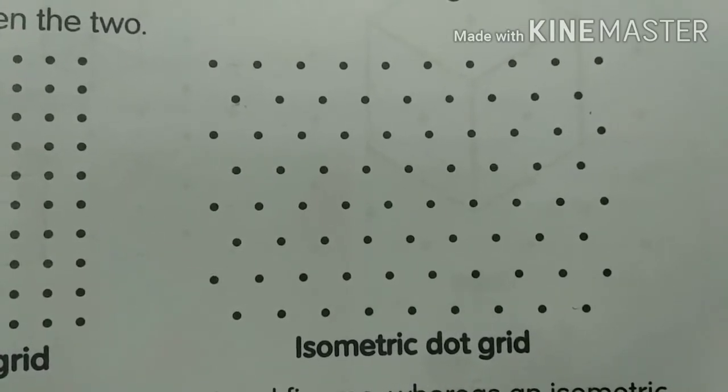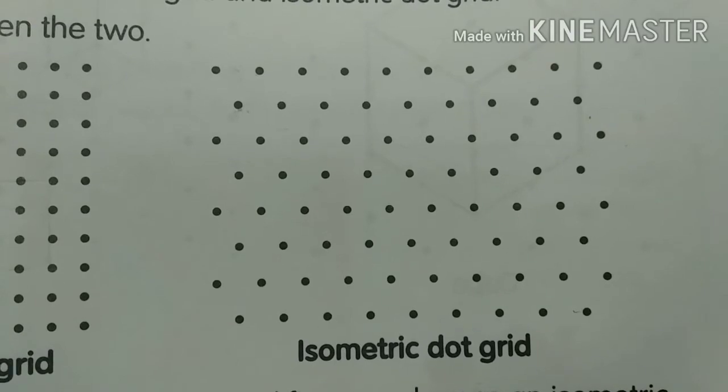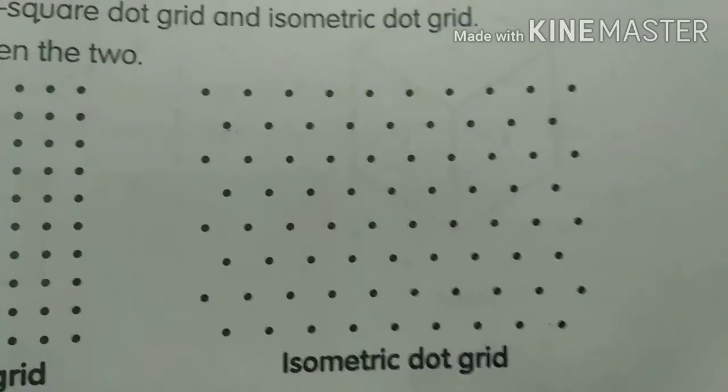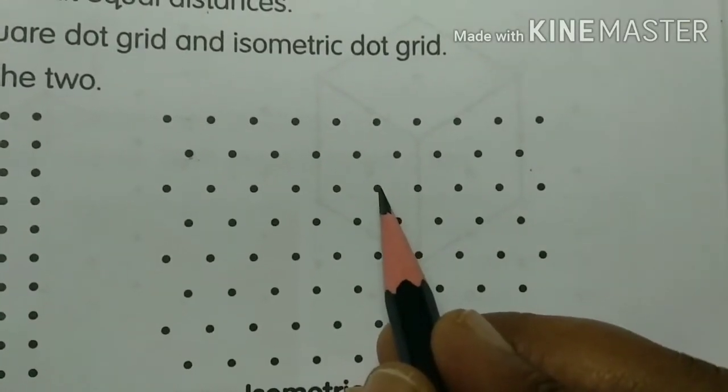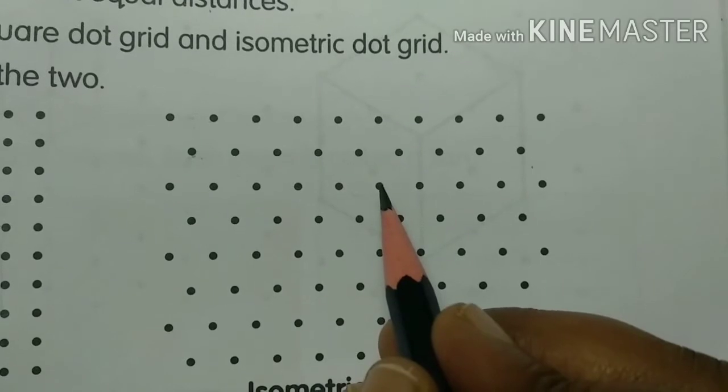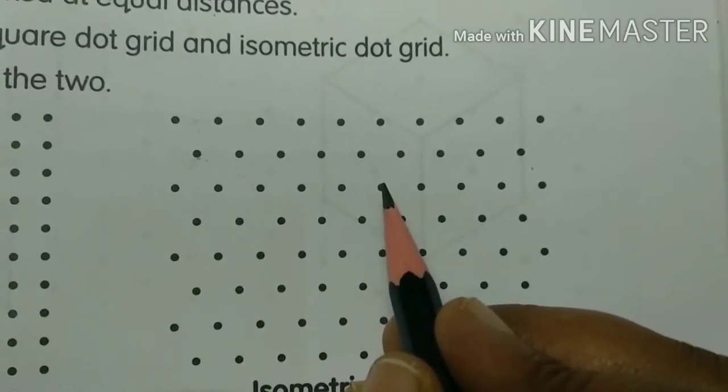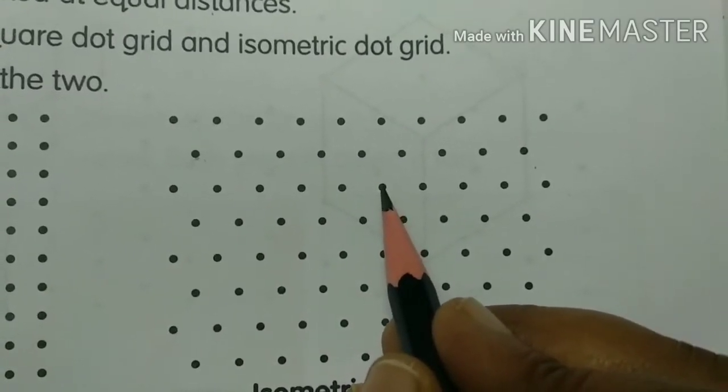Next, we are going to draw three-dimensional shapes on the isometric dot grid. In the three-dimensional shapes, first one is the cube. In a cube, all the edges are equal, isn't it? So we take 2 points in each edge.